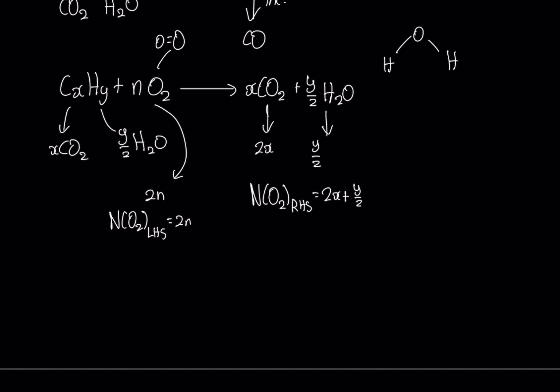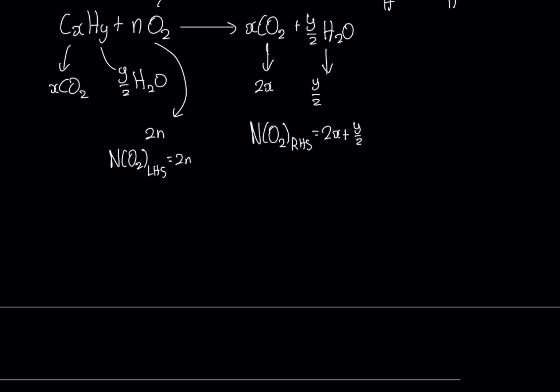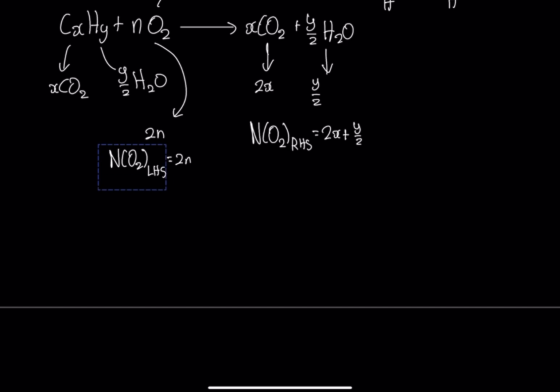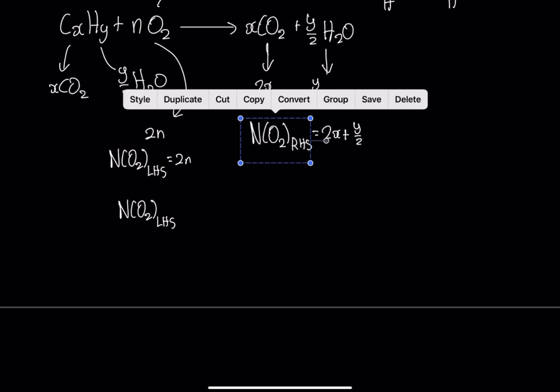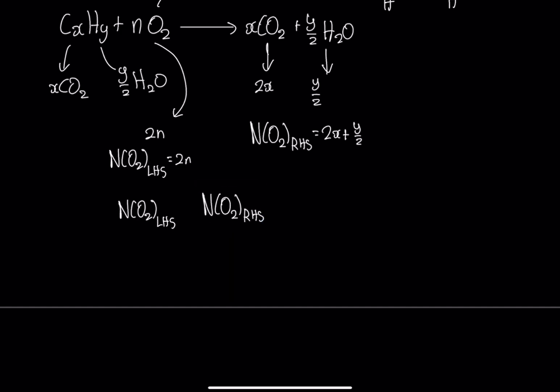I've got to set these equal in order for the equation to be balanced. So if I set these equal, I just get 2n equals 2x plus y over 2. And then I want to solve for n. This is my unknown. This is not my unknown. This is what I'm given. So I just solve for n, and if I divide by 2, I just get x plus y over 4.